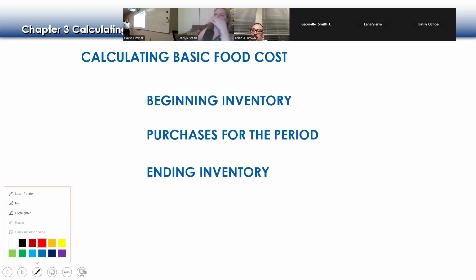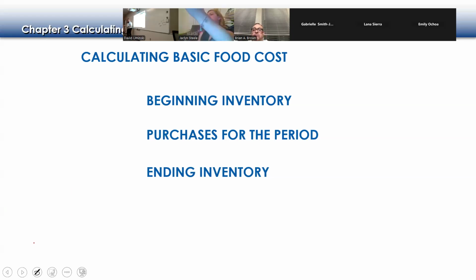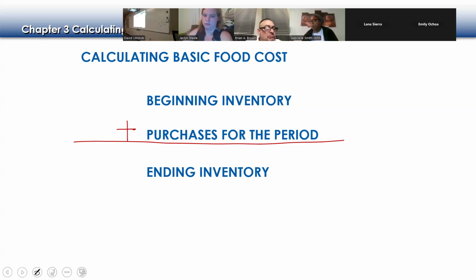Now, when we purchase product, when we purchase inventory, does that add to or take away from our inventory? We add it, right? So we add our purchases for that period. So on your notes page, you'll notice there is this number 2 right here, in the column on the side.